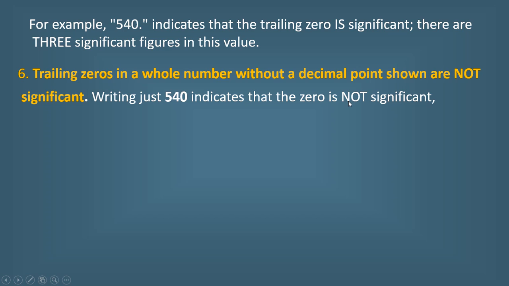So if you are not required to, don't put the point there. But if you are, then you put it there to give the zero a significant meaning. So writing just 540 indicates that there are only 2 significant figures in this value.